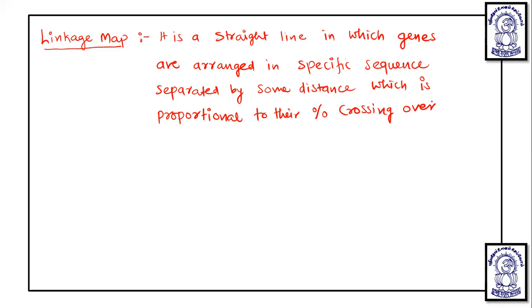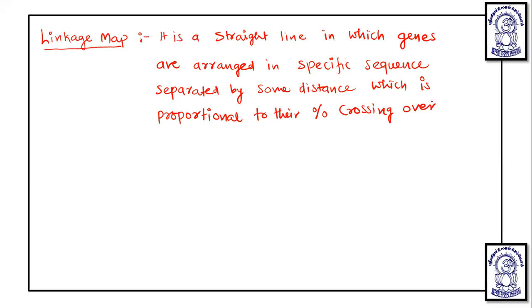So in a linkage map we align all the genes in a specific sequence and they are separated by some distance. The distance will be proportional to the percent crossing over. Now what is percentage of crossing over, that we'll discuss now.